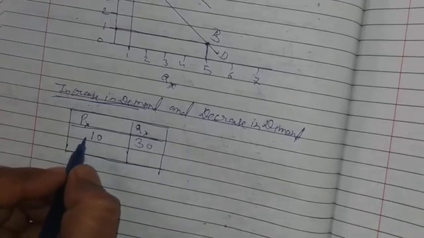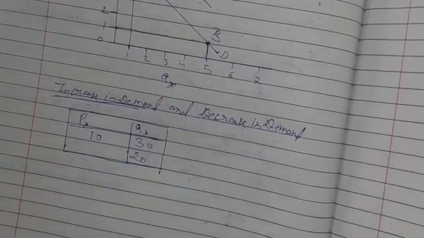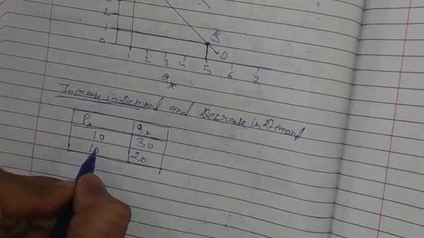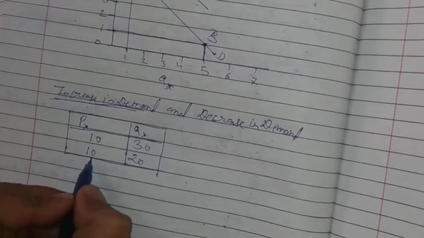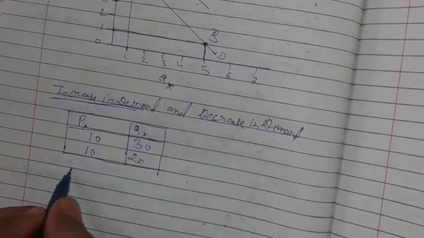Now, the quantity demanded shifts to 20, and the price remains the same because price is not changing, the other factors are changing. Okay, now we see the graph. It goes like this.